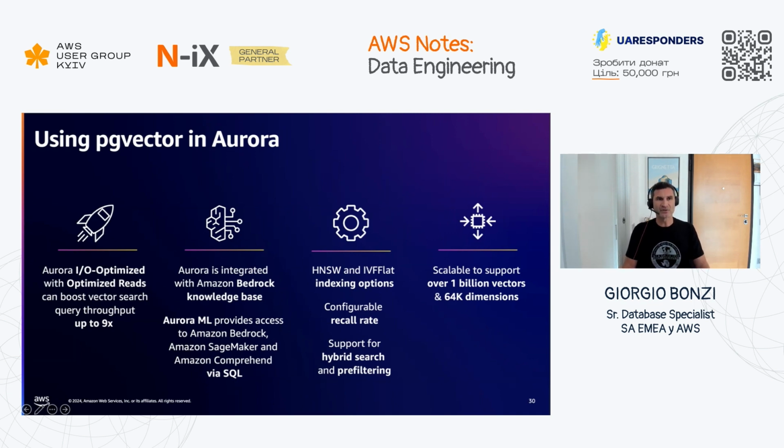We will see an example later on. And Aurora Postgres supports the pgvector extension 0.7.0 that, in addition to IVF flat and HNSW indexes, also provides advanced features such as scalar and binary quantization. And finally, Amazon Aurora can scale up and down to handle even the most demanding workloads.